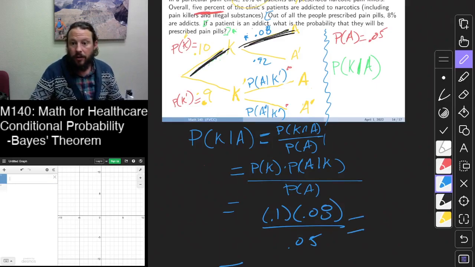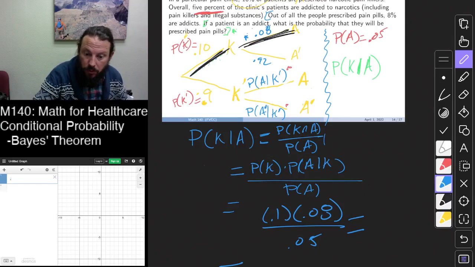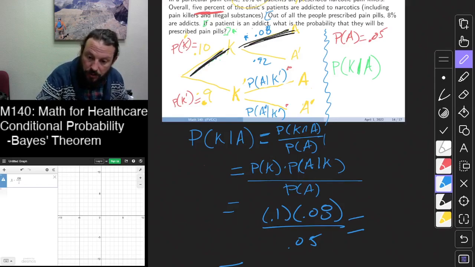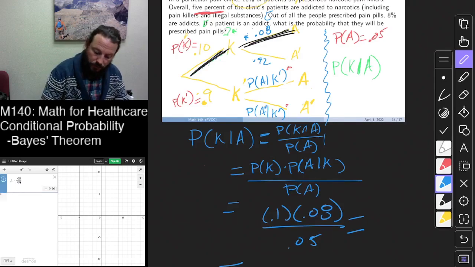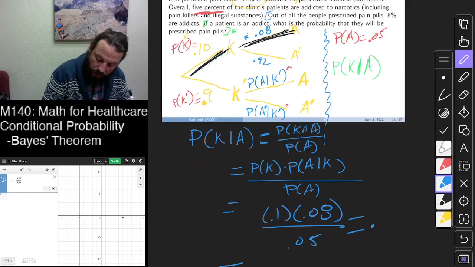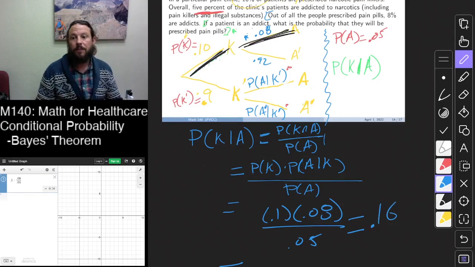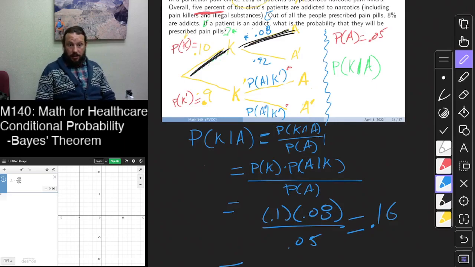We'll plug it in: 0.1 times 0.08 divided by 0.05. Looks like 0.16. So if a patient is an addict, the probability that they will be prescribed pain pills is 16%.